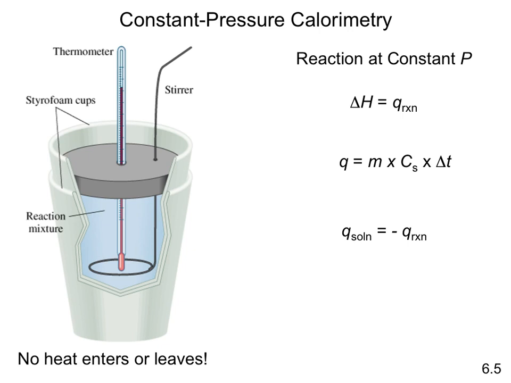We are going to be using the equation Q equals mc delta T in order to do some of our calculations. And actually, we're going to be observing the solution and the changes that occur in the solution in order to determine the heat released or absorbed by our reaction.